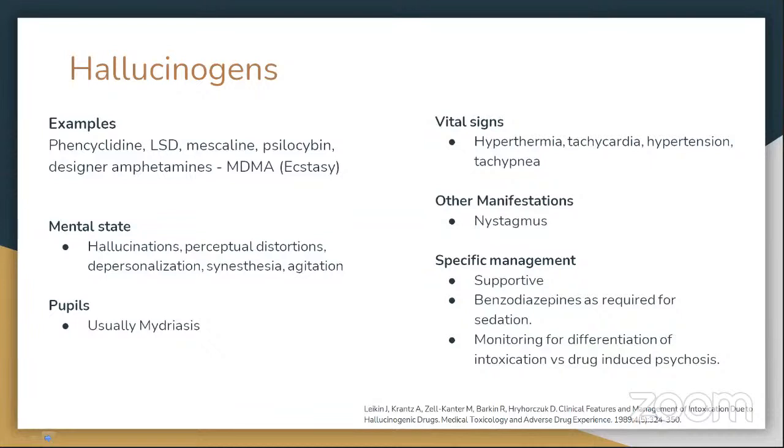Pupils are usually dilated. Vitals, there may be hypothermia, tachycardia, hypertension, tachypnea. So specific management: benzodiazepines for sedation, and monitoring for differentiation between a psychotic disorder and organic disorder, such as LSD or ecstasy ingestion also.